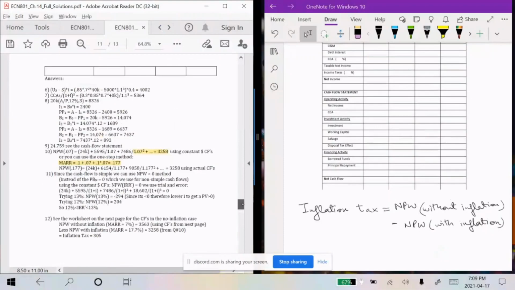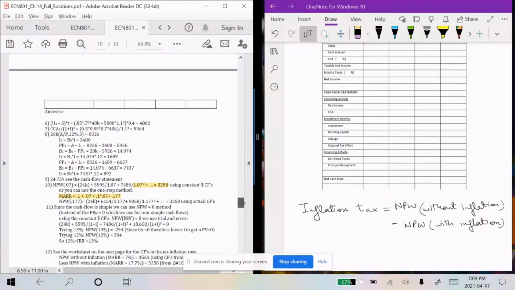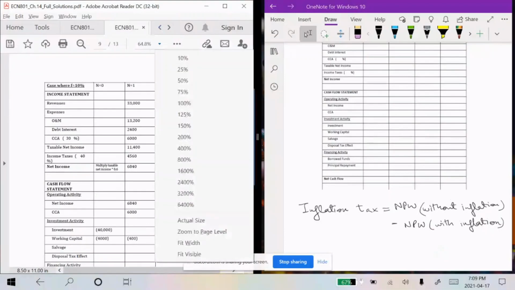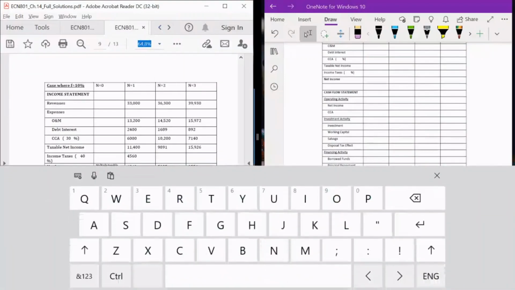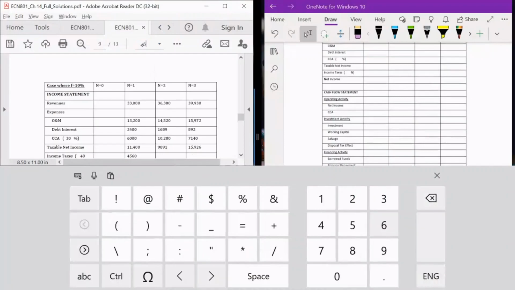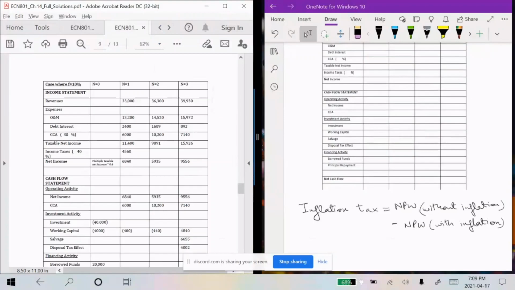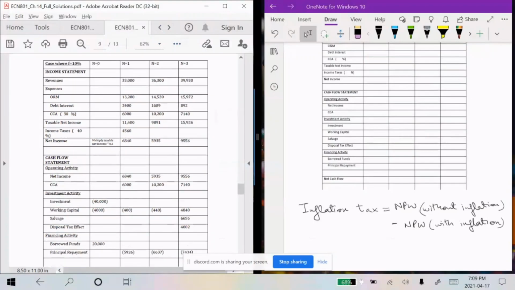So this was our table when... Let me decrease. This works. Okay.